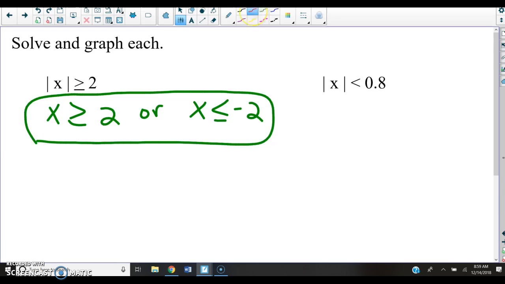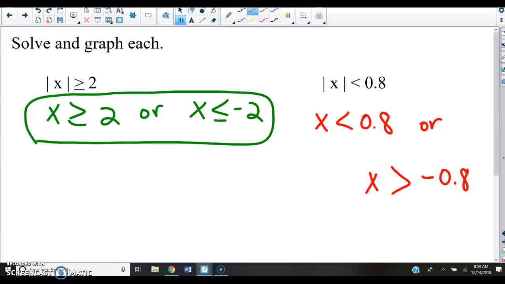Okay, the next one. The absolute value of x is less than 0.8. So it could be less than 0.8, or what happens if you tried to absolute value negative 1? That's going to be 1. That's more than 0.8. So you've got to switch this.